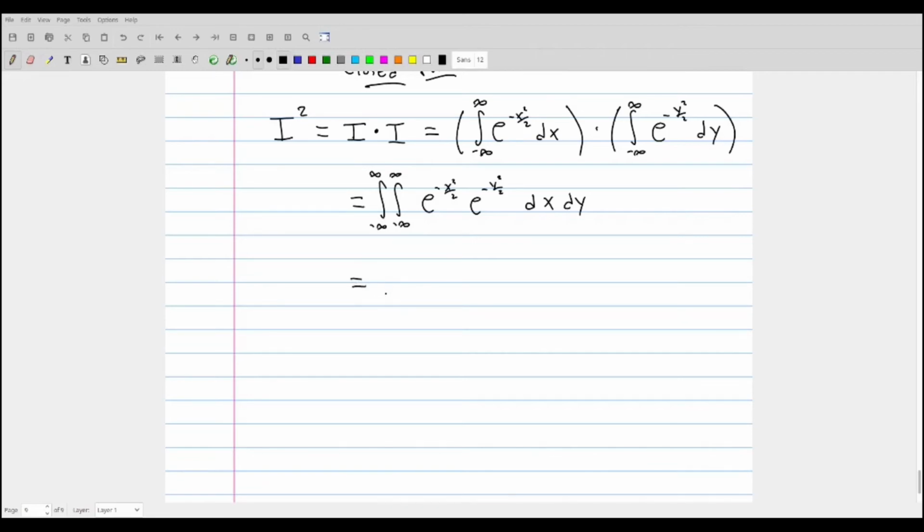Which can be rewritten as the double integral of e to the negative x squared over 2 times e to the negative y squared over 2, which is e to the negative 1/2 times x squared plus y squared.